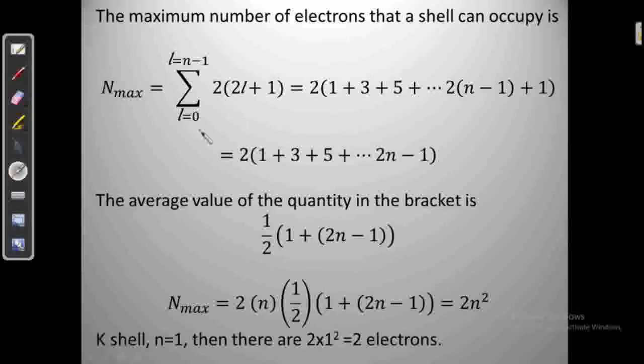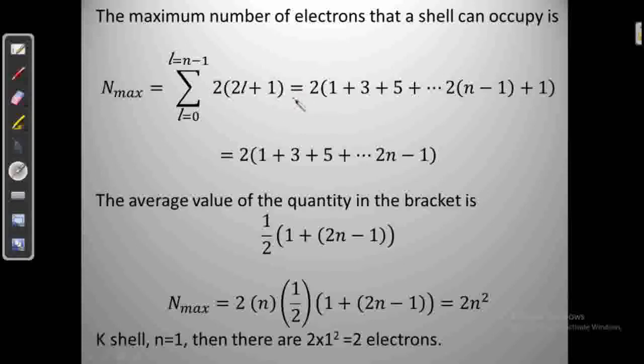The subshells range from L equal to 0 to L equal to n minus 1. So you have to calculate the total number of electrons in a shell using the summation from L equal to 0 to L equal to n minus 1. That means if n equal to 3, we sum from L equal to 0 to L equal to 2 of 2 into 2L plus 1.